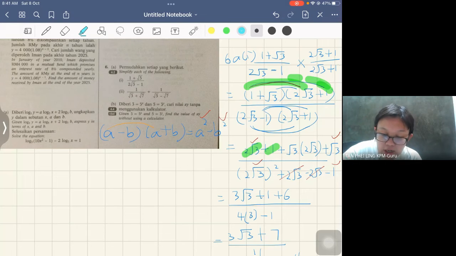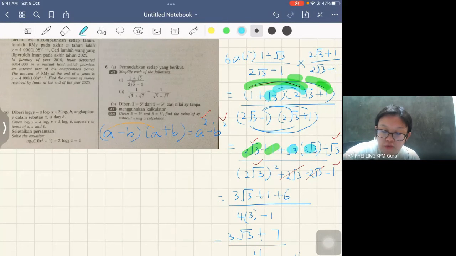So this is like expanding. So the first one is 1. 1 will have to times 2 over 2 square root 3, and then 1 also have to times 1. So then I solve this 2. Then now it comes to this term, square root 3. Square root 3 has to times the first term. So I write here square root 3 times 2 square root 3 is a multiply.